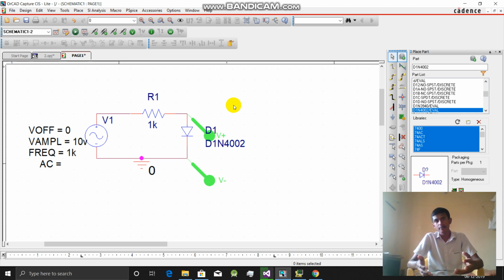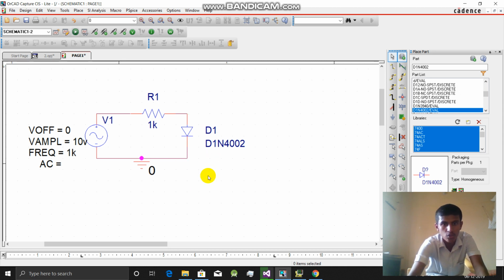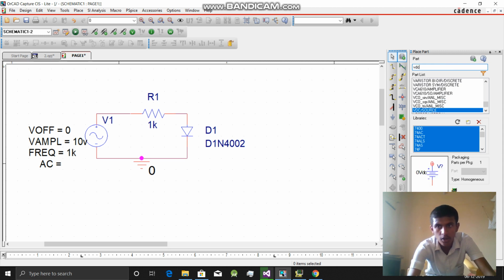So 0.7 plus 2, we need to add 2 volt. That means we need to add the DC voltage, VDC.